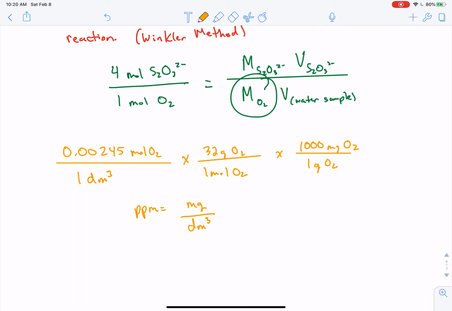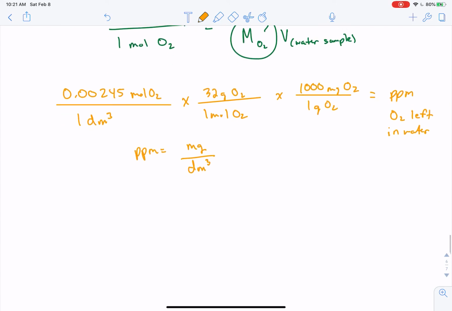And that answer here is my parts per million. That's the O2 left in the water. So the Winkler method measures how much O2 is left after 5 days to know how much was used up. So what you do is calculate the pure water value minus the O2 left to get the biological oxygen demand.